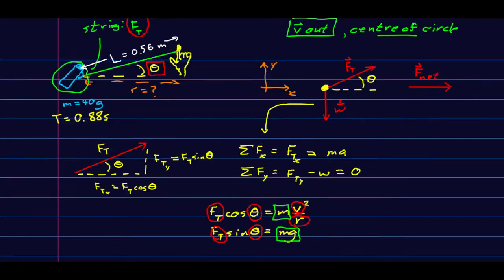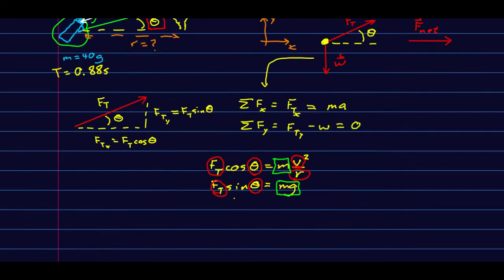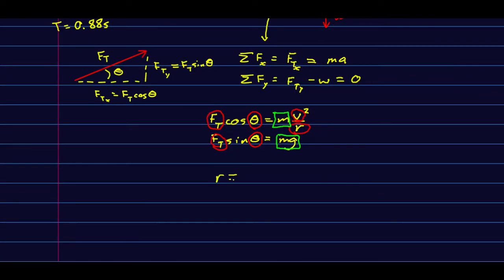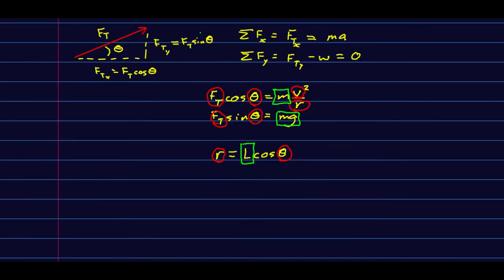If you just look at the diagram of the string, you can get r straight from trigonometry. It is L cos theta. So once again, r is an unknown, theta is an unknown, but L is known. The other thing we can do is rewrite v.